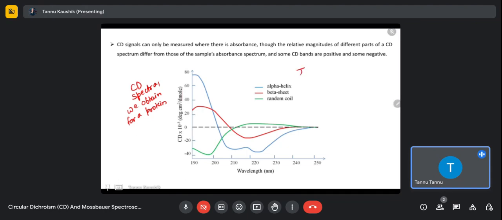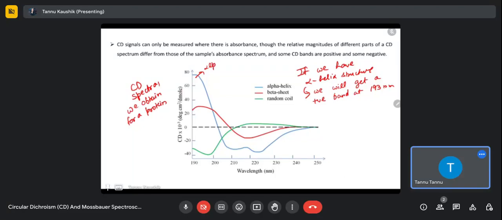So if we have alpha helix structure, we will get a positive band at 193 nanometer.